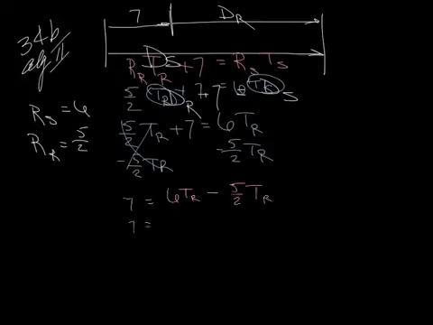Alright, so this is where all of your math from years ago always comes into place. Make 6 into 12/2 so that we have a common denominator. So 7 equals 12 minus 5 is 7.